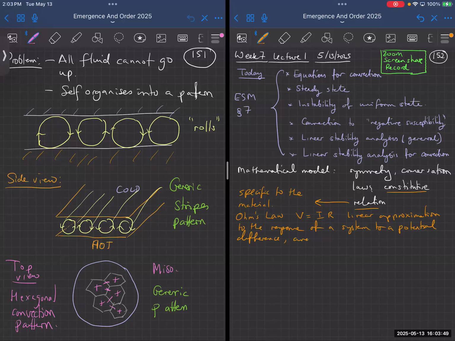And the constitutive relation relates the voltage and the current, and therefore introduces the resistivity, or its inverse, the conductivity. So you've all seen those things before.